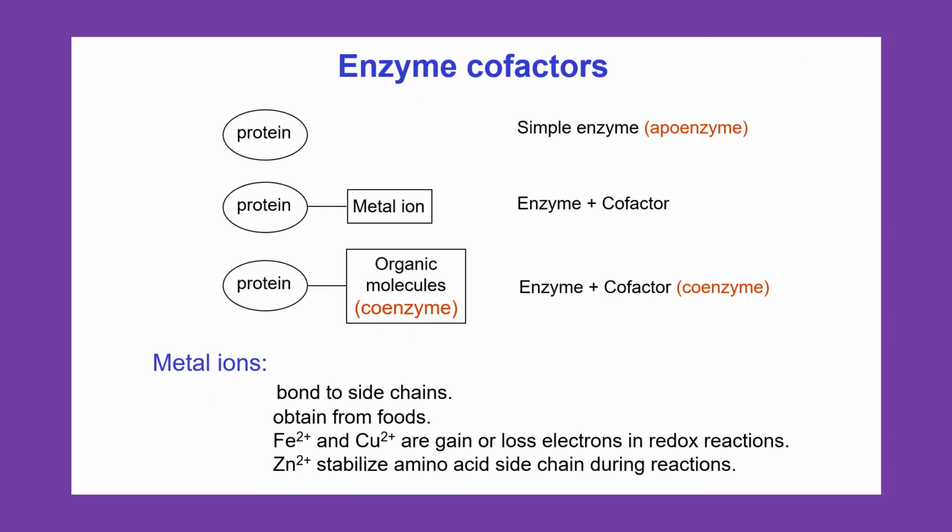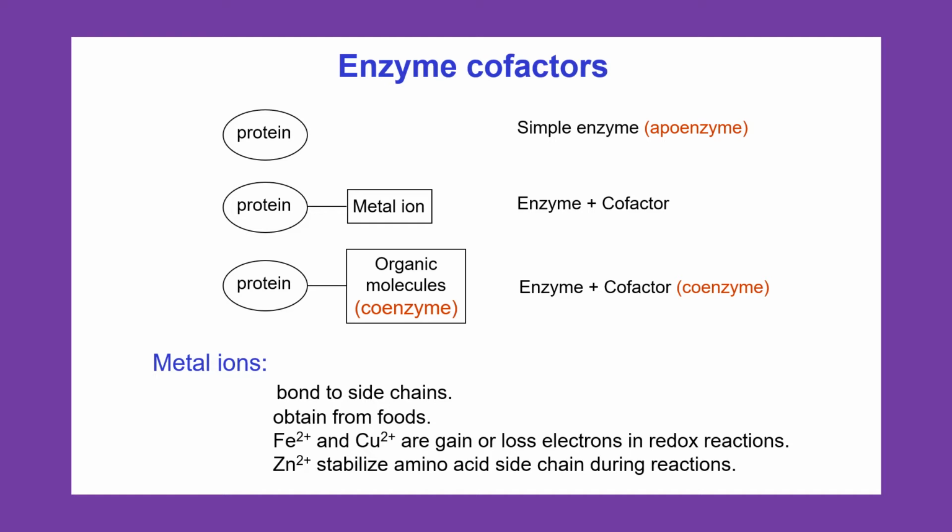Enzymes are known as simple enzymes or apoenzymes when their functional forms consist only of proteins with tertiary structure. However, many enzymes require small molecules or metal ions called cofactors to catalyze reactions properly.